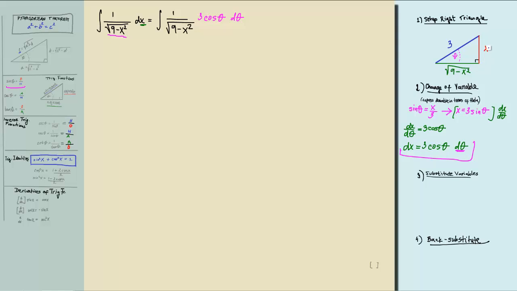So we either need x divided by the square root of 9 minus x squared, or 3 divided by the square root of 9 minus x squared. So 3 divided by the square root of 9 minus x squared will be the obvious choice, because we can rewrite that as 3 times our fraction here, which is 1 over the square root of 9 minus x squared.